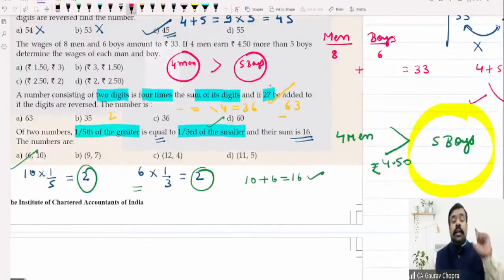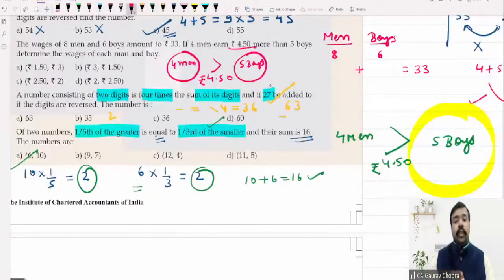That means the earning per man will be higher as compared to boys. Now, what is the total difference in their earnings? The question says there is a difference of 4.5 rupees between the earning of 4 men and 5 boys. So this one is the second condition.